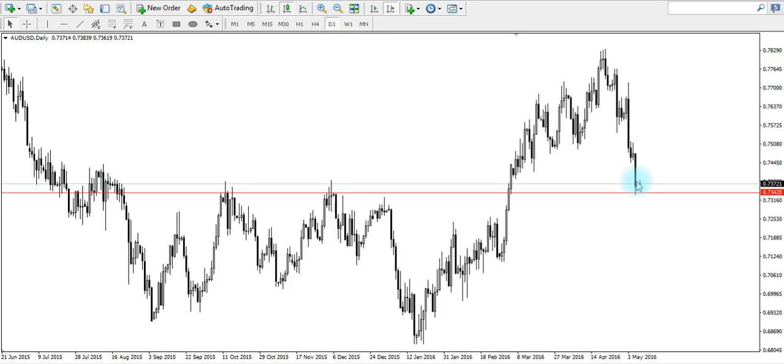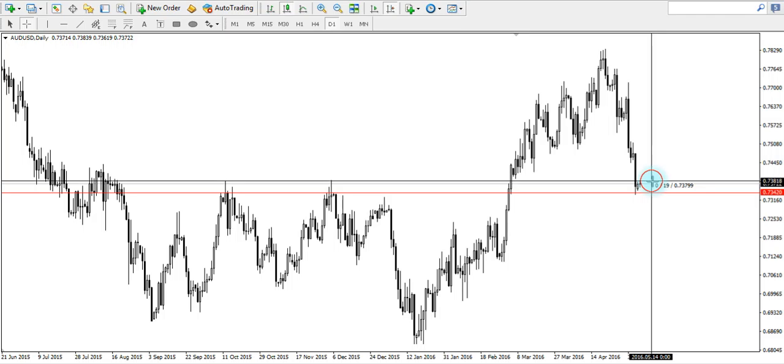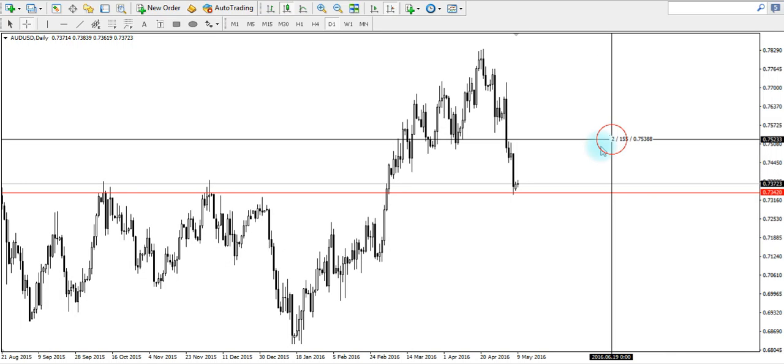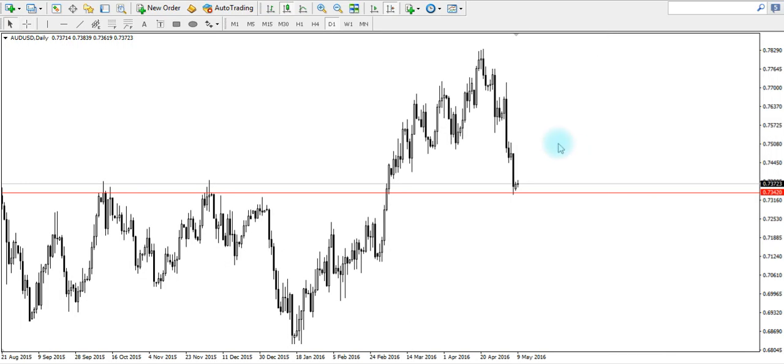So we are definitely experiencing exhaustion right here at the major resistance and support level. Therefore, expect the price to appreciate and make further retracement from here, or rather to resume its appreciation right here. Definitely the RBA has to do a little bit more for its currency to depreciate further. So this is one thing to take note of.